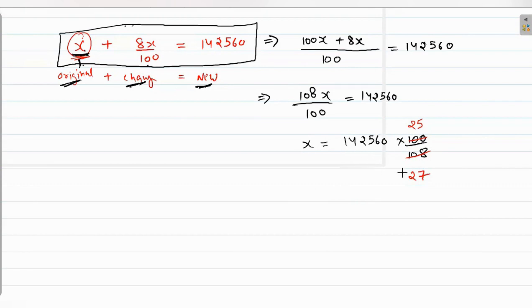Can we cut out this 27 and this 142560? Do you know how to check whether a number is divisible by 3 or not, just by looking at it? Just add up the digits. We know 27 is divisible by 3. We want to confirm this number will be divisible by 3 or not.